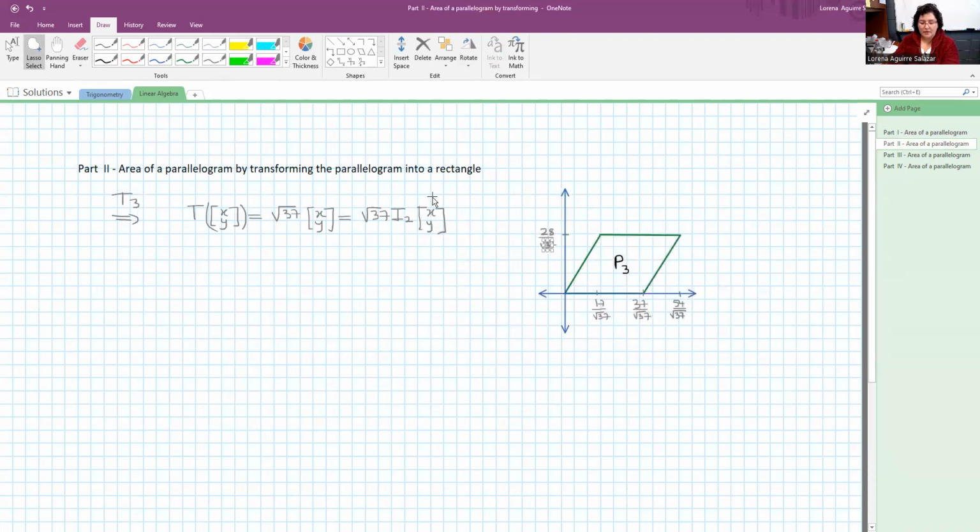So when we apply that rescaling, we get rid of those roots because the entries of each vertex get multiplied by root of 37. So now we get rid of that. And we get a parallelogram P4.